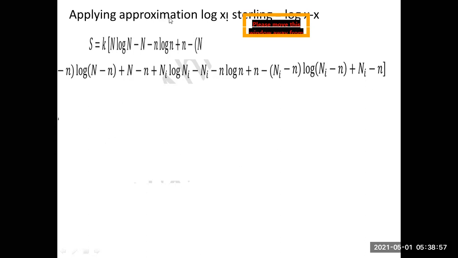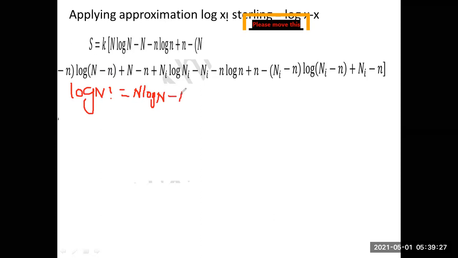See, if you want, I will write it down here again. We just expanded log N factorial, right? Clear, everybody? Log N factorial is N log N minus N. Clear?